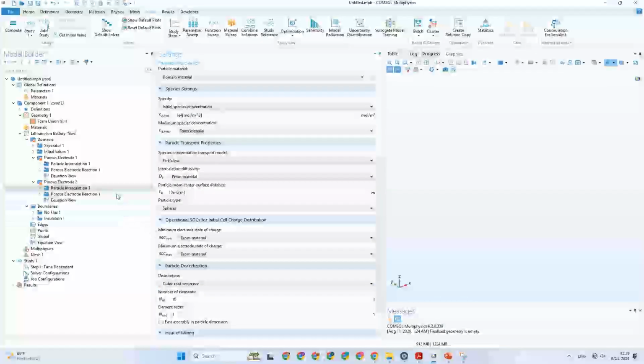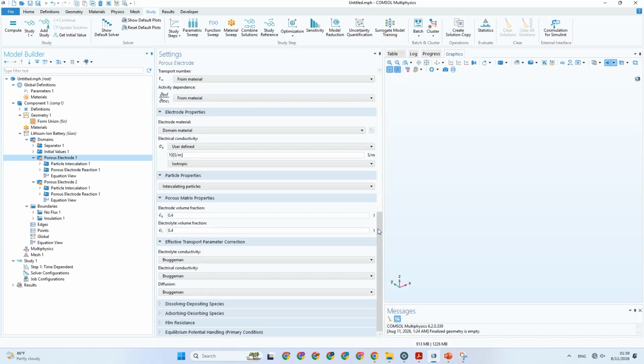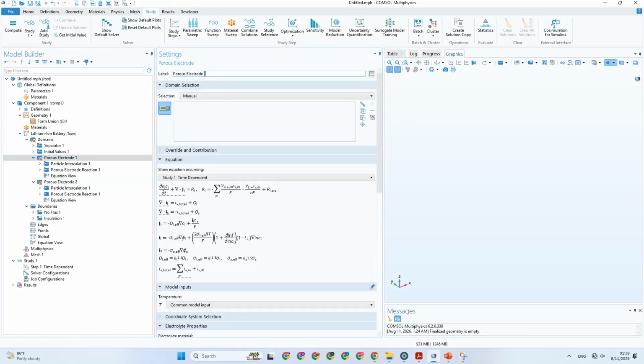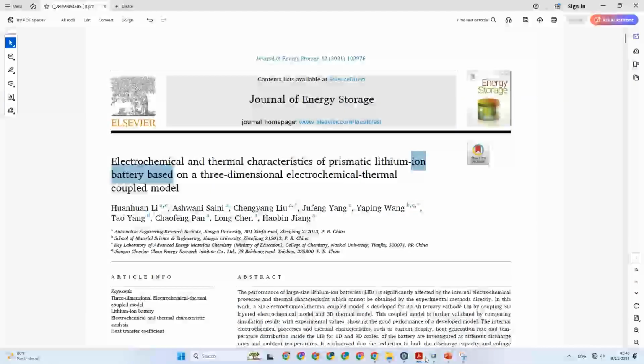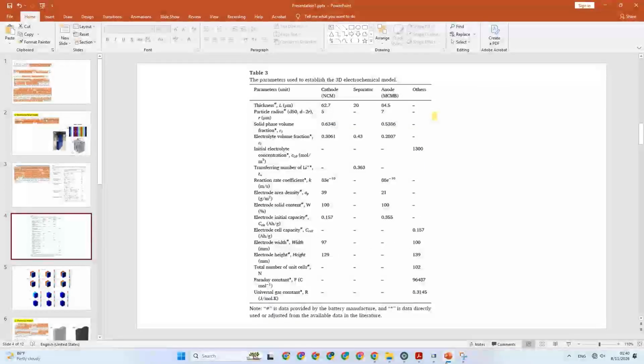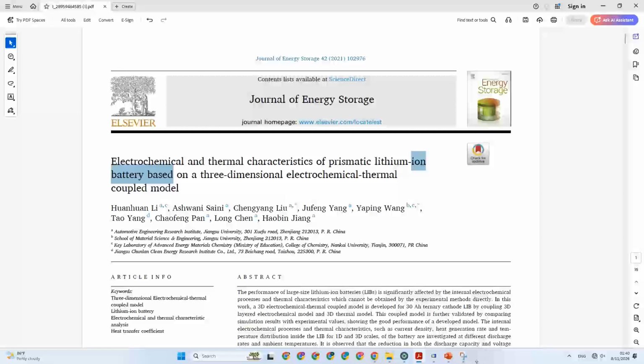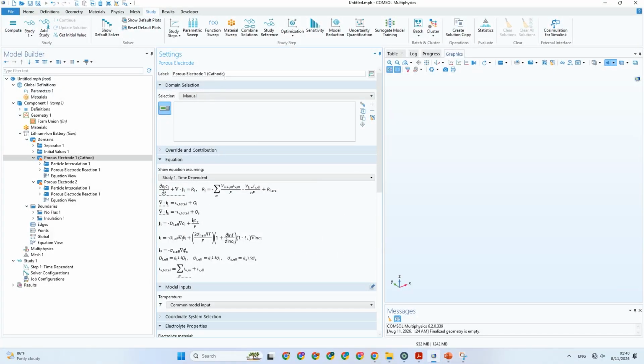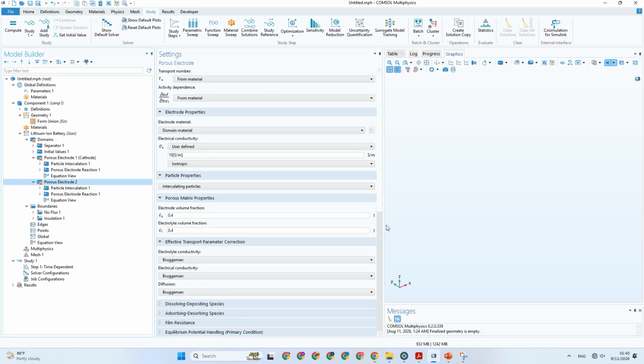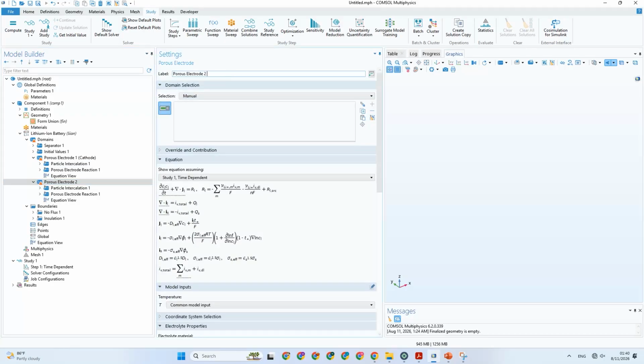Let me change this porous electrode as, for example, cathode. And this one as anode. Nice. Continue.